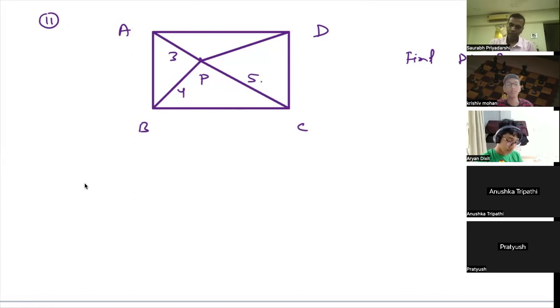This is a very famous theorem, known as the British flag theorem. What is this British flag theorem?